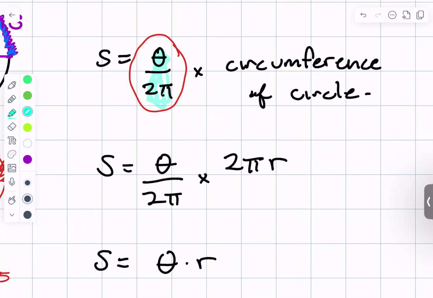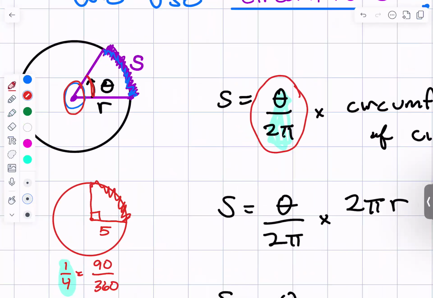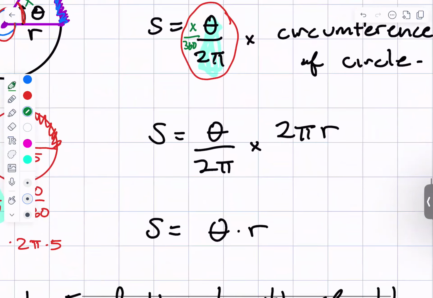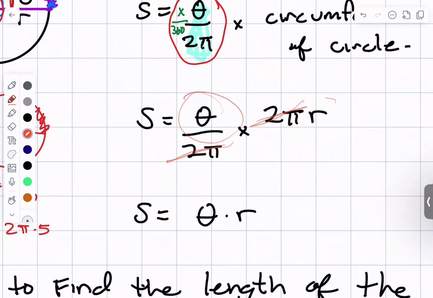Okay? We could also just say, if this was x in terms of degrees, it will just be x over 360 as well, if you wanted to leave it in terms of degrees, times the circumference of the circle. That makes sense? The reason why we use radians is because when we simplify this out, instead of circumference of the circle, I use 2 pi r. These 2 pi's would cancel out, and you're left with pi times your radius.